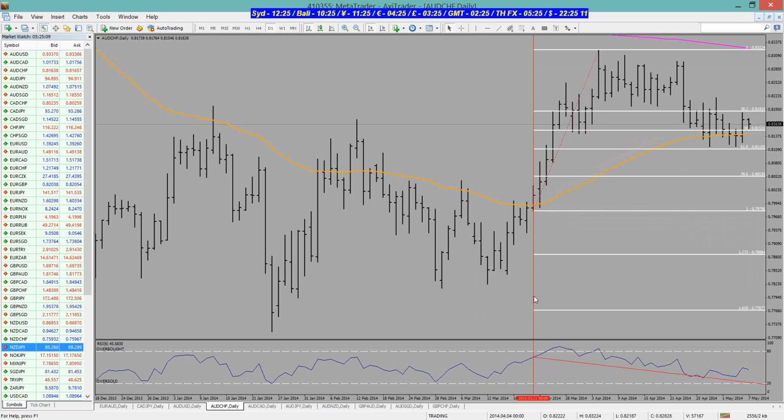Once you start getting the cycles, you've got your divergence coming across from this low here, and I suppose it's class C divergence, because it's the same low, even though it's a much higher low in price.